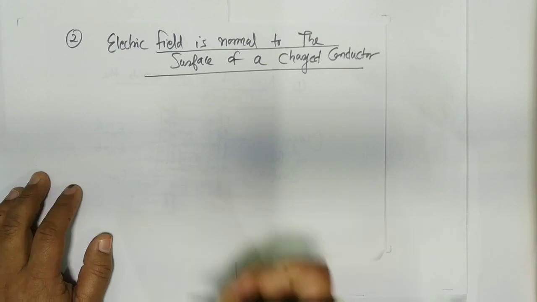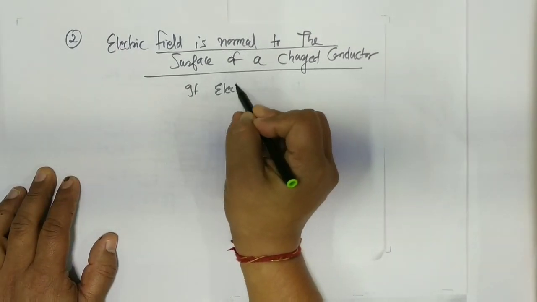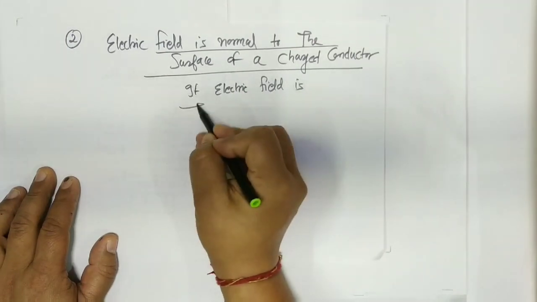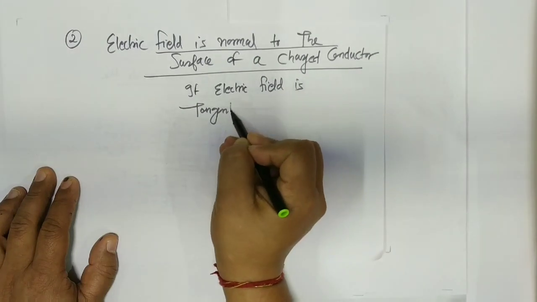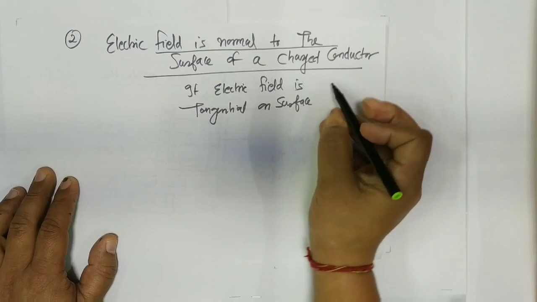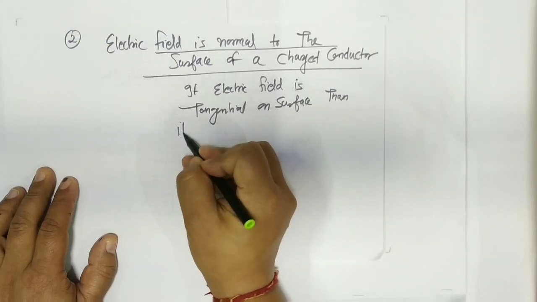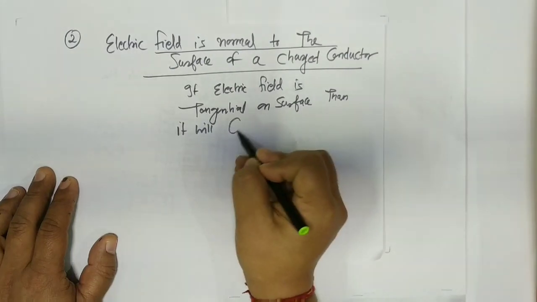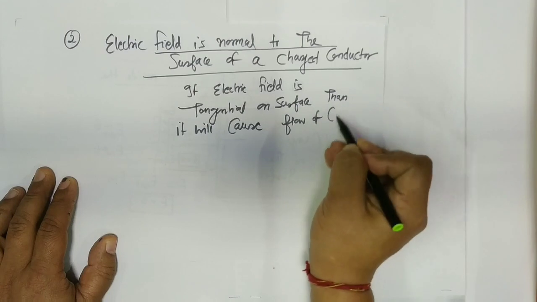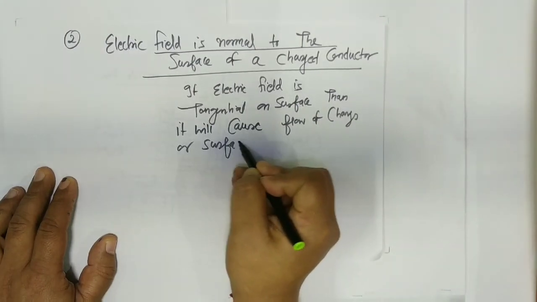Why? Because if the electric field is tangential on the surface, then it will cause flow of charges, or surface currents.